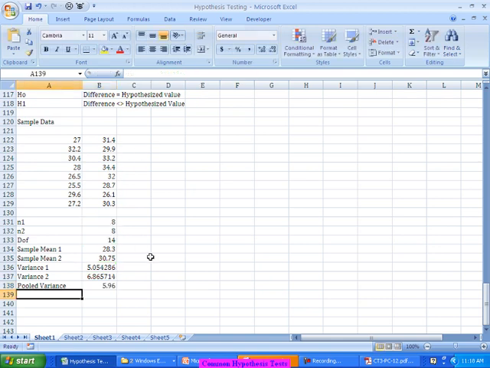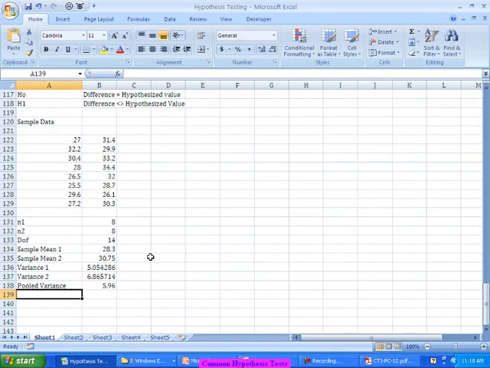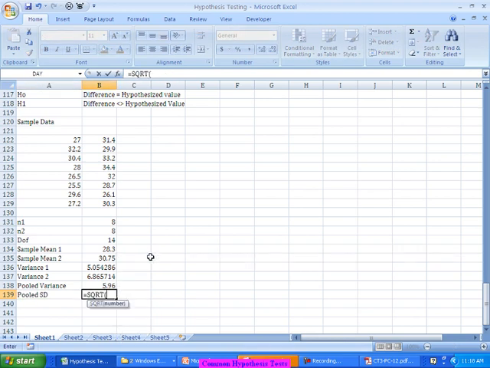So the pooled variance, sp squared, is 5.96, going with this formula. Based on this, I can find out the pooled standard deviation, which is the square root of the above, which works out to 2.44.